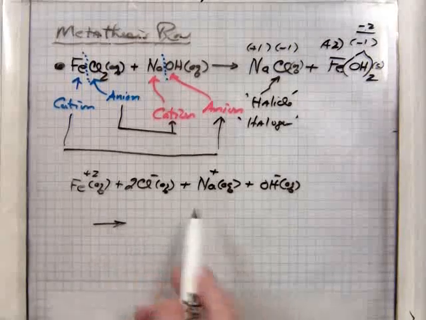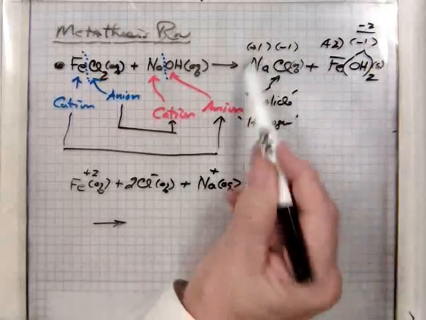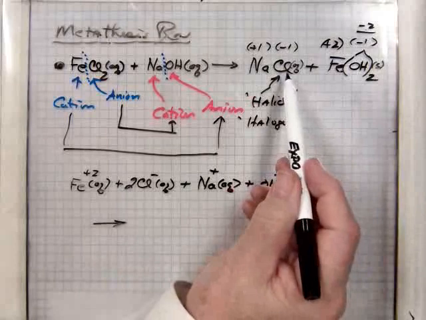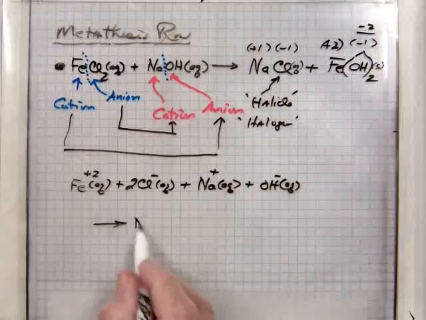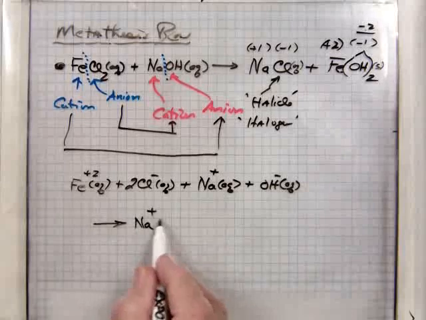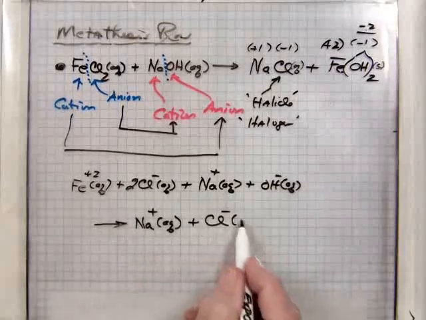Then proceed to the product side, and since this is not a driving force, you would show it in the ionic form, so it would be a sodium, aqueous, and a chloride, aqueous.